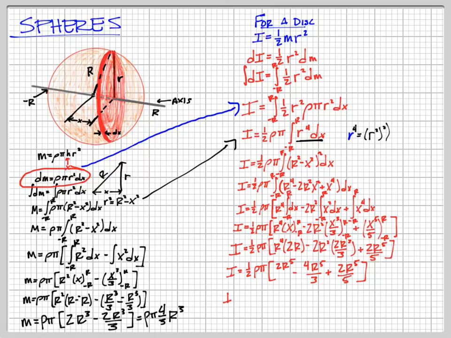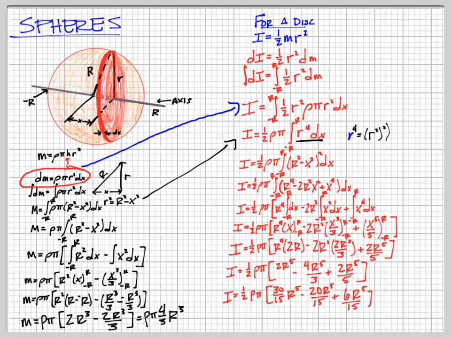Now our common denominator is 15. So it's going to give me 30r to the fifth over 15 minus 20r to the fifth over 15 plus 6r to the fifth over 15.